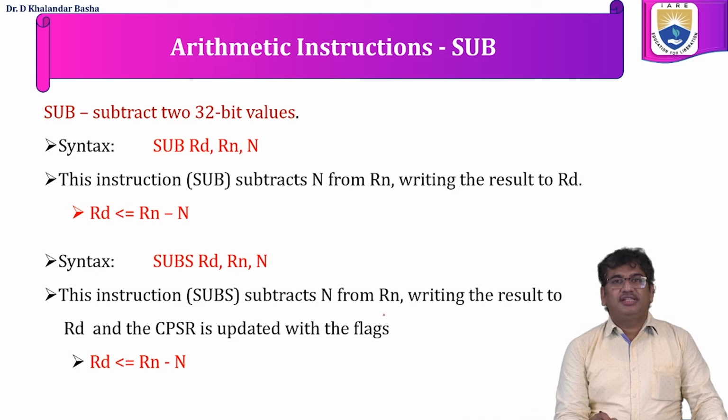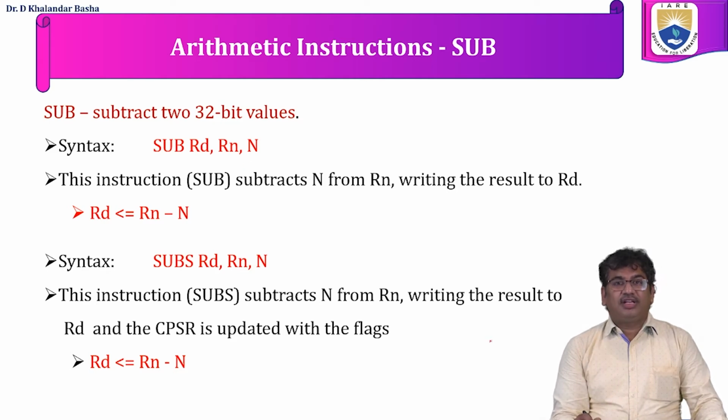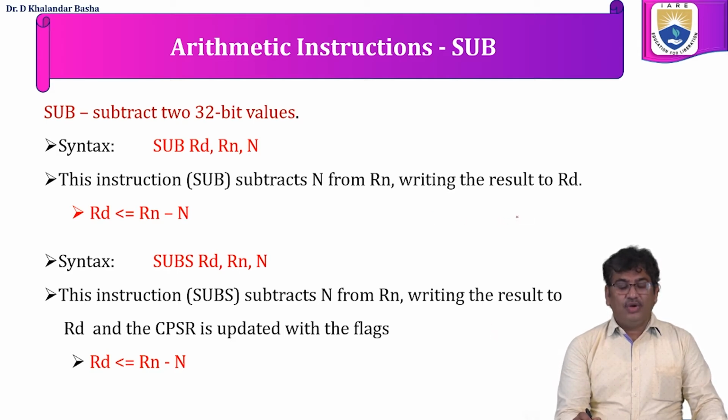The next instruction is SUB. Subtract two 32-bit values. The syntax of the instruction is SUB Rd, Rn, N. This instruction subtracts N from Rn and writes the result into Rd.